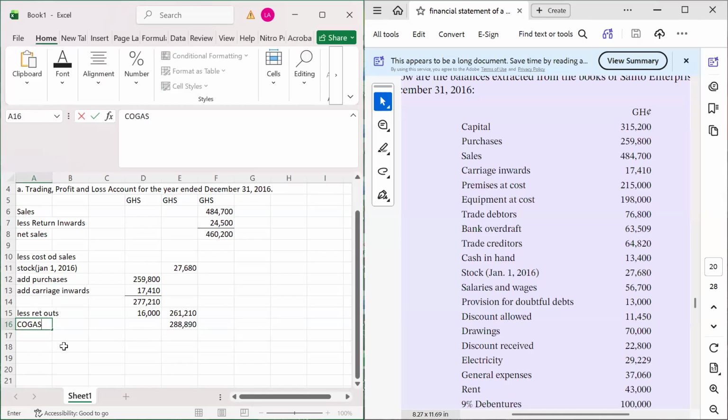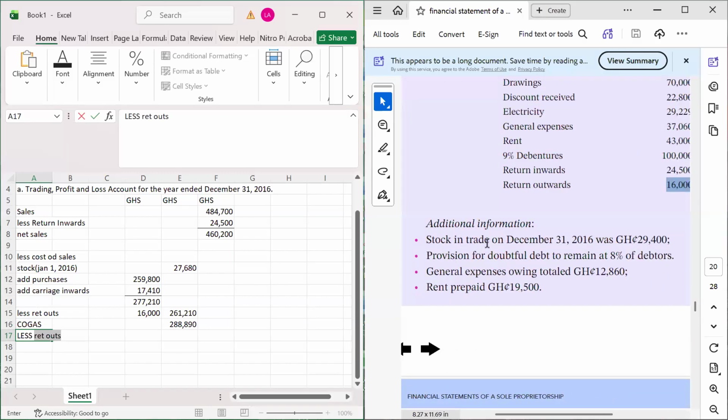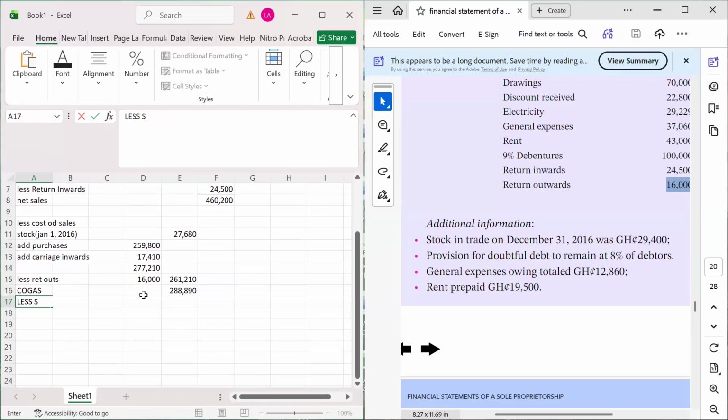Now, you less your closing stock. The stock at close is normally in the note. In this case, it's here. Stock in trade on December 31st. December 31st is the end of the year. So this is the stock we are given. So less stock December 31st, 1960.